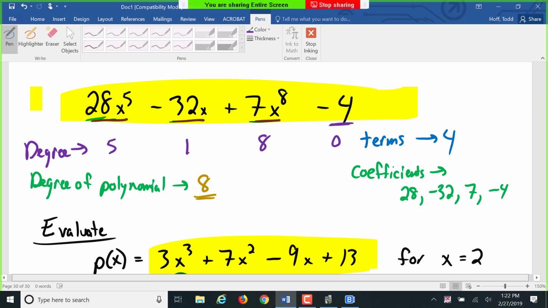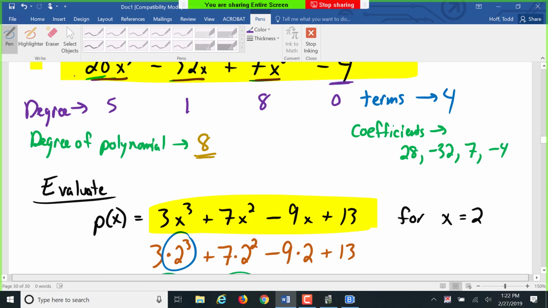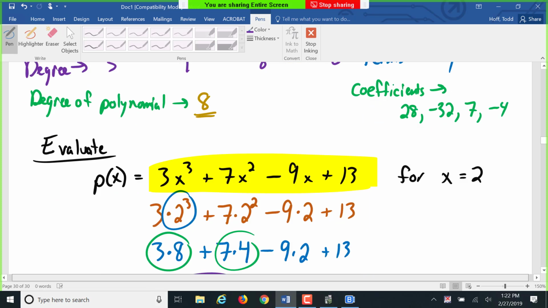Whereas down here, in this example, you'll notice, if you look at the degree of the terms, they fit a pattern. This has a degree of 3. This has a degree of 2, 1, and 0. They go from the largest degree to the smallest degree.